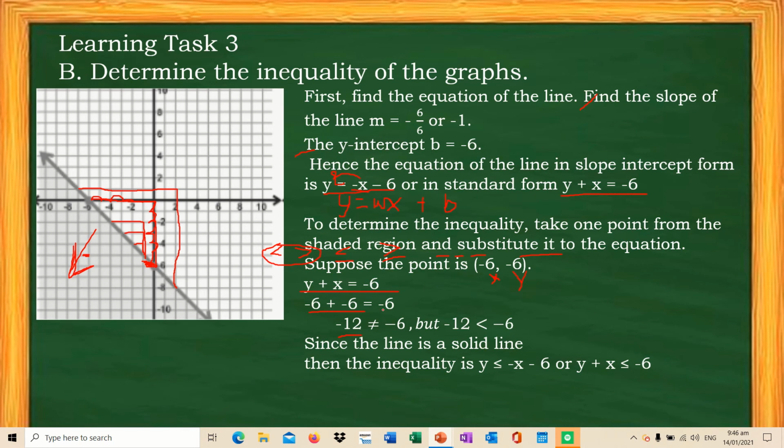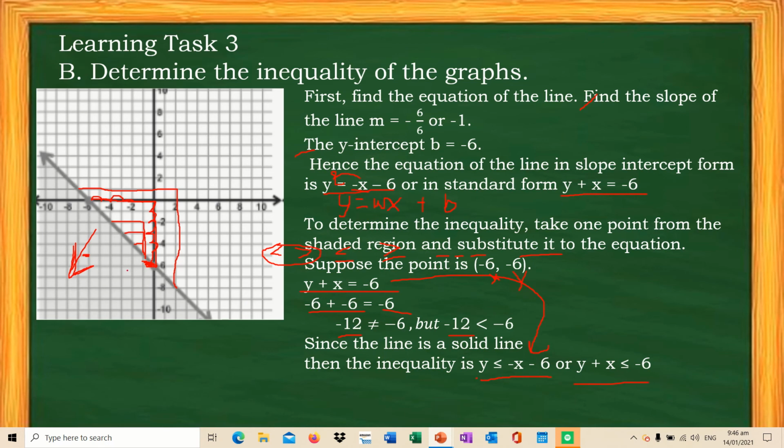Negative 12 is not equal to negative 6. But, negative 12 is less than negative 6. So, since the line is a solid line, the inequality is less than or equal to. So, galing dito, papalitan nyo lang yung equation ng inequality symbol. So, y is less than or equal to negative x minus 6. So, may or equal to dahil nga solid line. Or, ilipat natin. So, y plus x is less than or equal to negative 6.